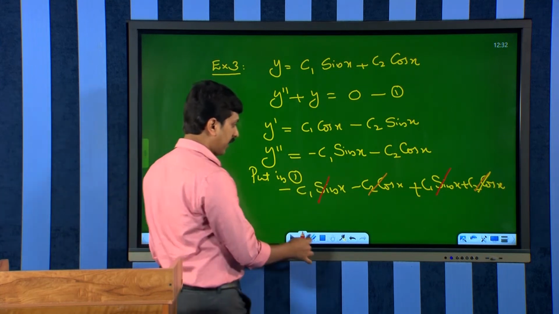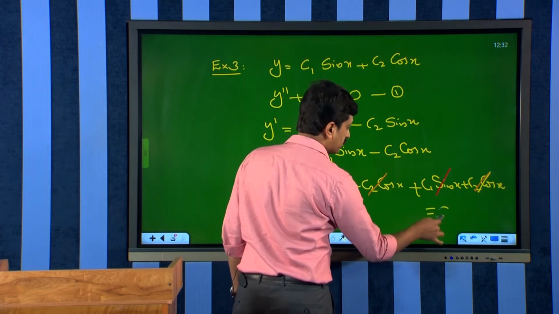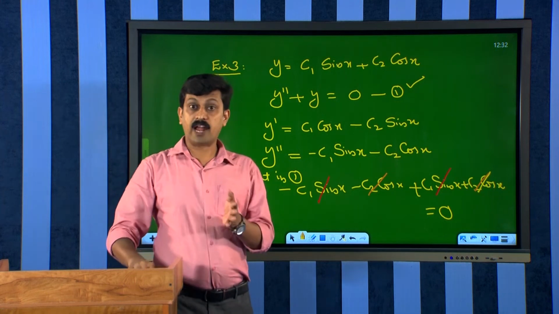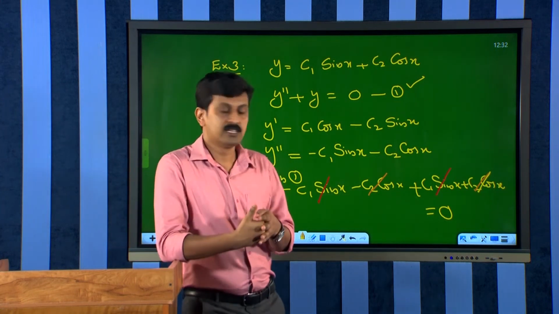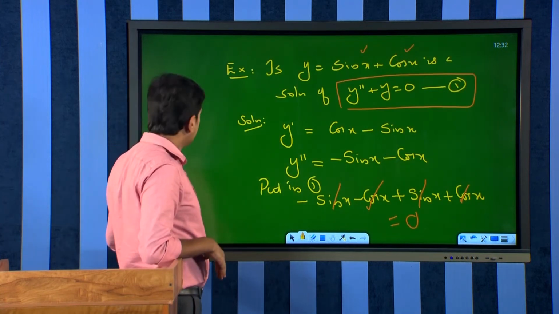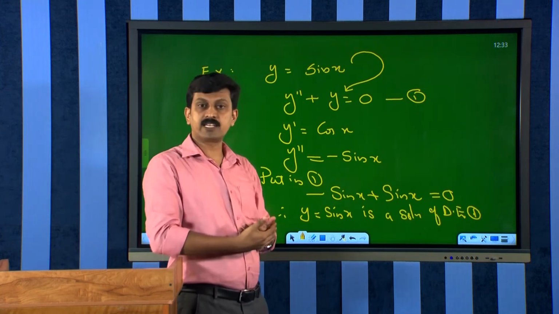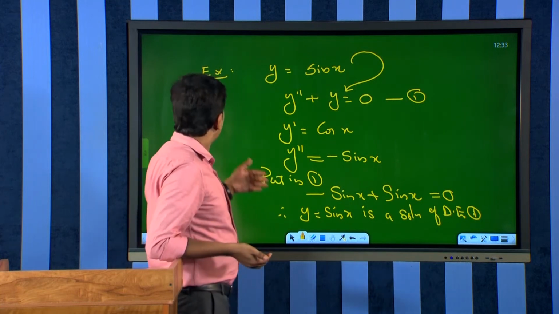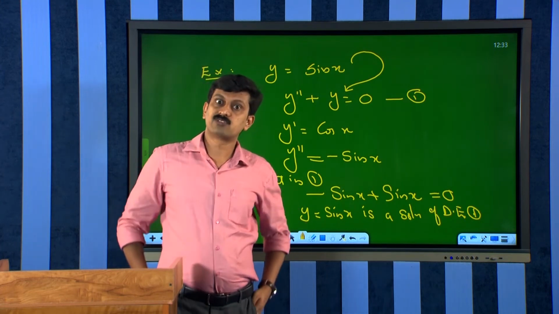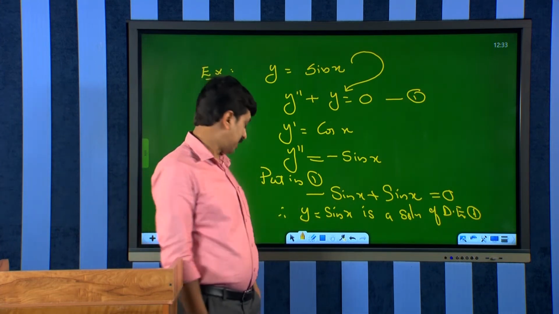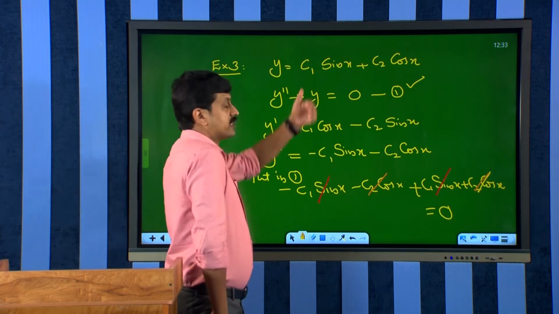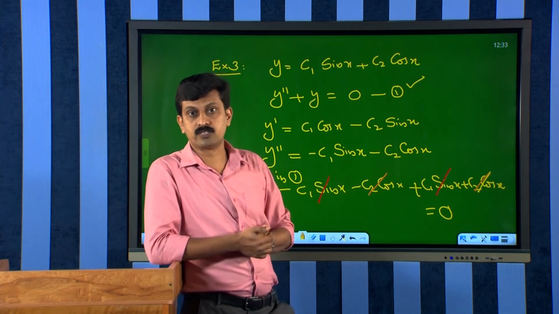So the entire value will be equal to 0, which satisfies equation 1. What we understood from here is that in example 1 we used y is equal to sin x as a solution and y is equal to cos x as a solution of the same differential equation, and their sum is a solution of the same differential equation. And finally, their constant multiple is also a solution.